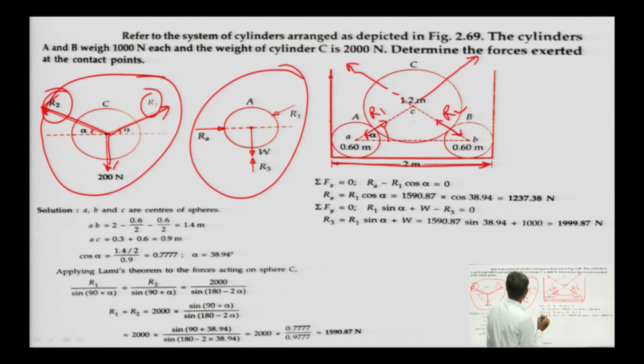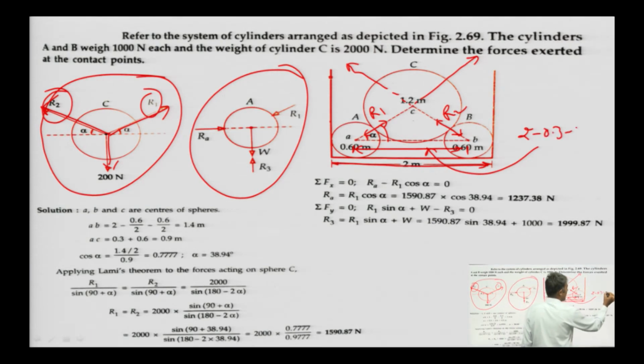So what will this distance be? This distance will be 2 minus this radius and this radius, meaning 2 minus 0.3 minus 0.3, which is 1.4.